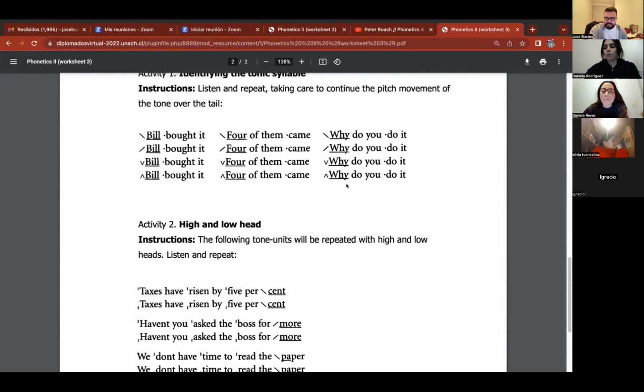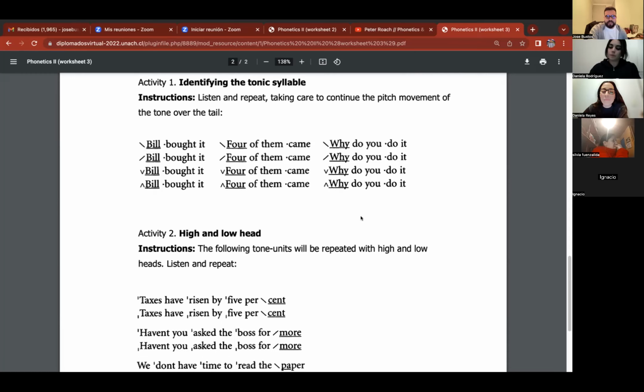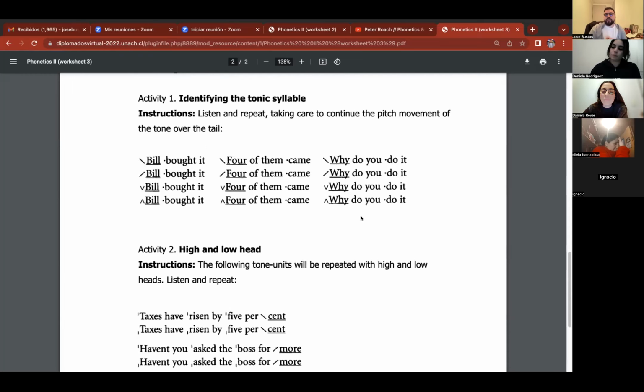Listen and repeat. That's all. The audio is also in the platform, so you can download the audio and complete this task. And on Thursday, we are going to practice the exercises to continue working on production and also identification.